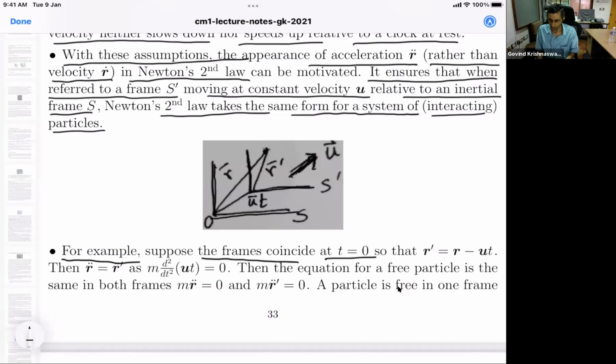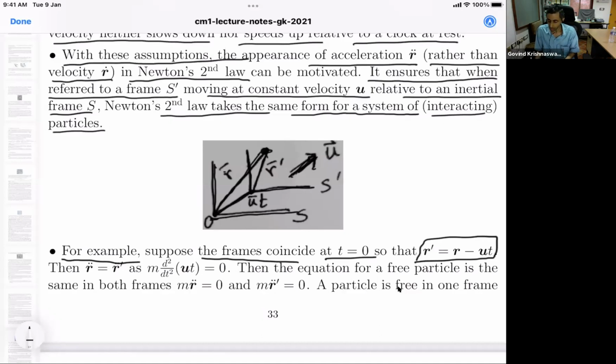The position vector of a particle is r with respect to S and r prime with respect to S prime, and the two vectors are related by the formula r prime is equal to r minus ut. Here ut is the position vector of the origin of S prime relative to S.